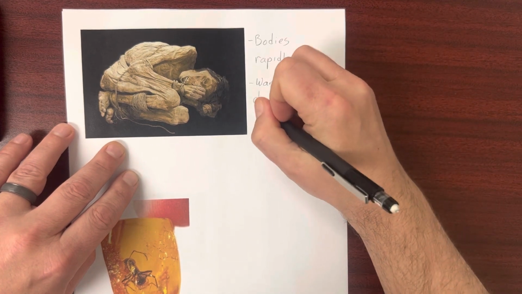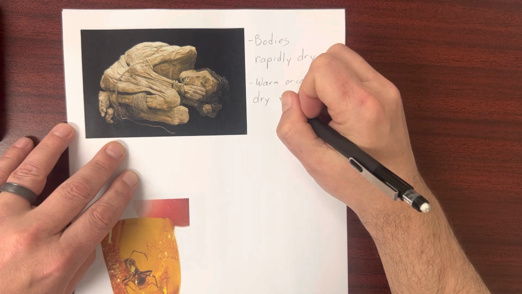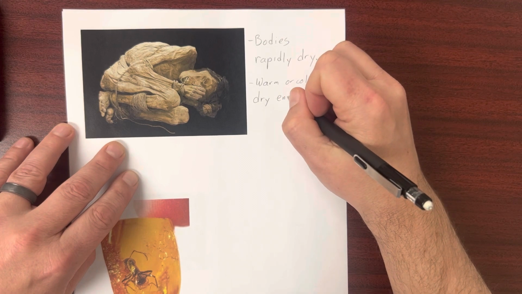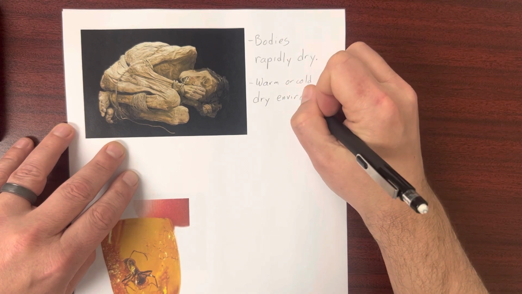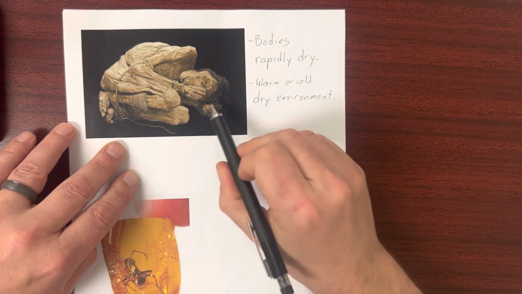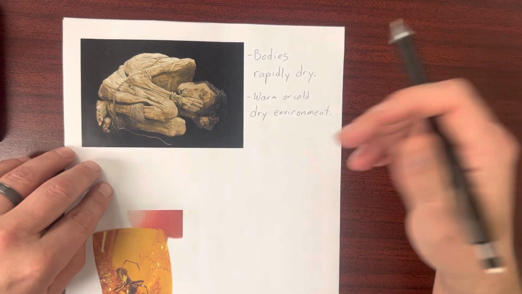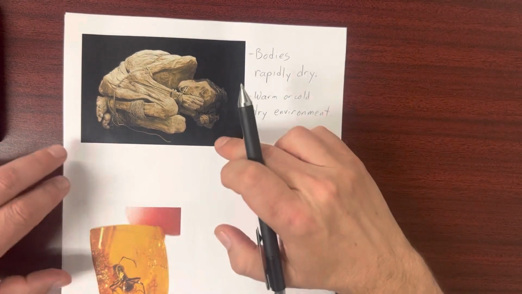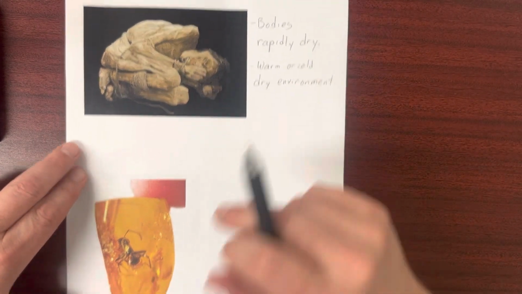But really, the key is that they're very dry. So the liquids or the moisture in the body evaporates very quickly, and this prevents the tissues from decaying. And they can last for thousands of years, actually.